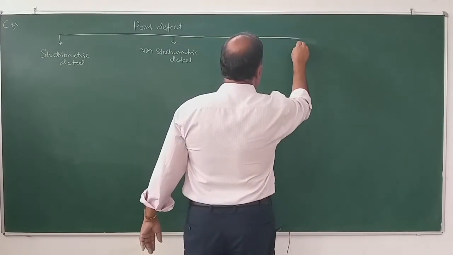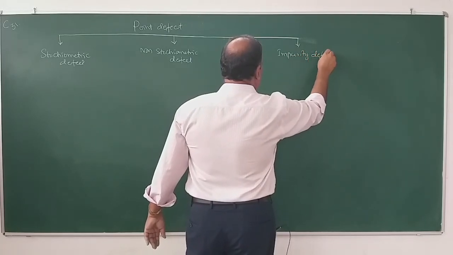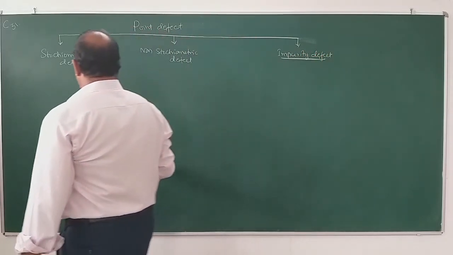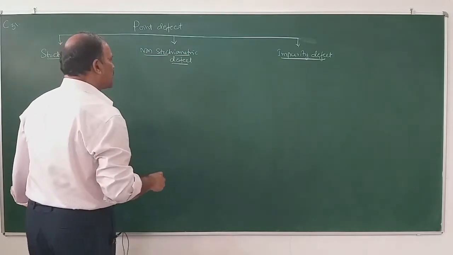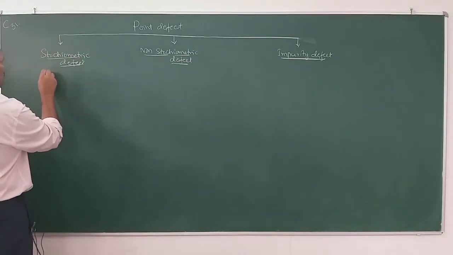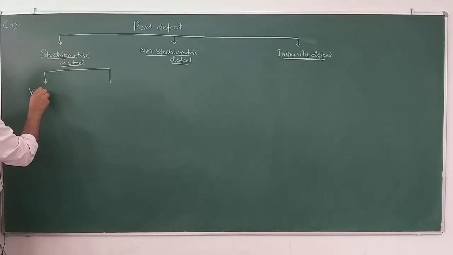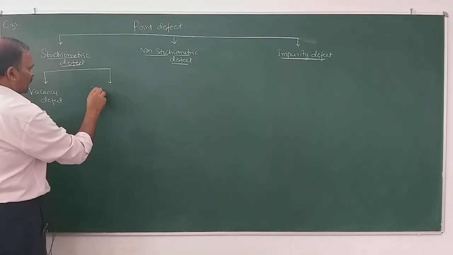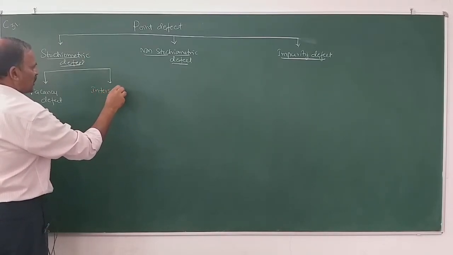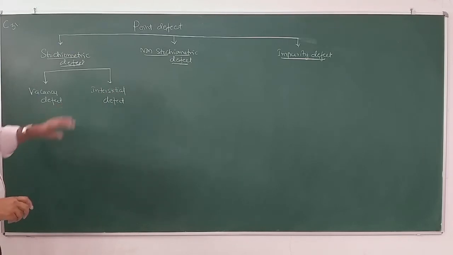And third one is impurity defect. Stoichiometric defect, non-stoichiometric defect and impurity defect. In stoichiometric defect, there are two types. One is vacancy defect, another one is interstitial defect, vacancy defect and interstitial defect.